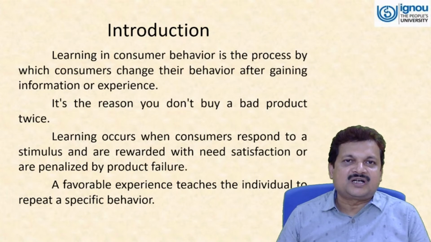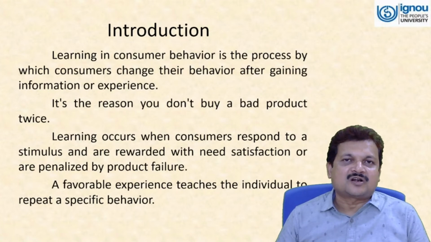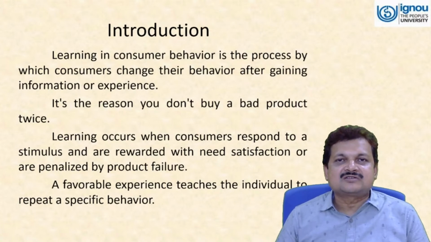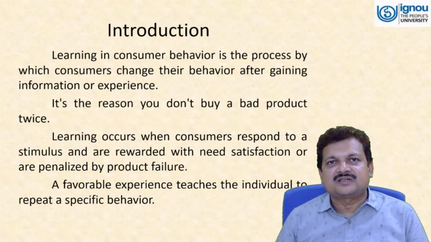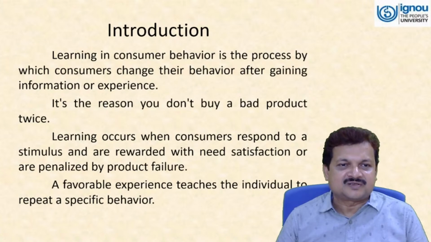If the product is unable to fulfill the commitment given by the company, we call it a product failure, and the consumer is harassed by it. So the customer learns whether the positive thing comes as a reward, or the negative thing comes as a punishment.